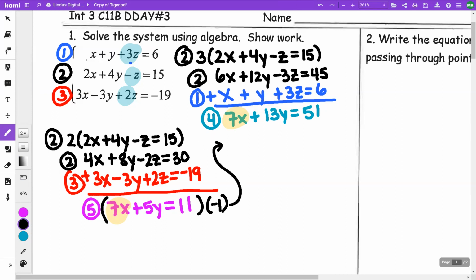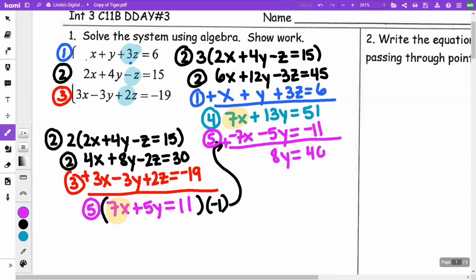Let me write it in purple. My new equation 5 is negative 7x minus 5y equals negative 11. I'm going to add them together. My x's cancel. I get an 8y is equal to 40. So y is equal to 5.